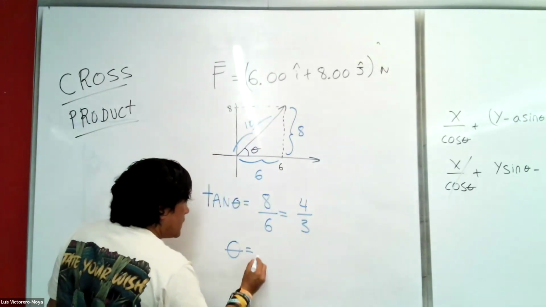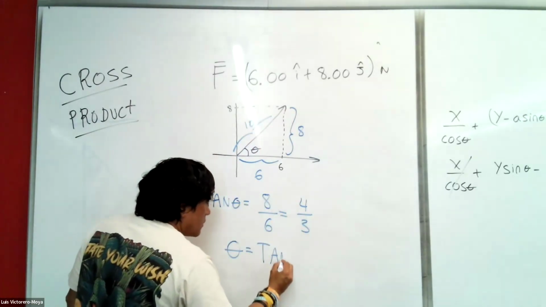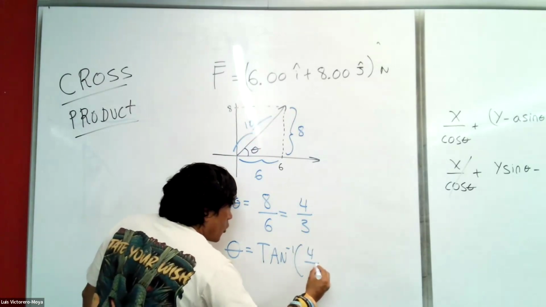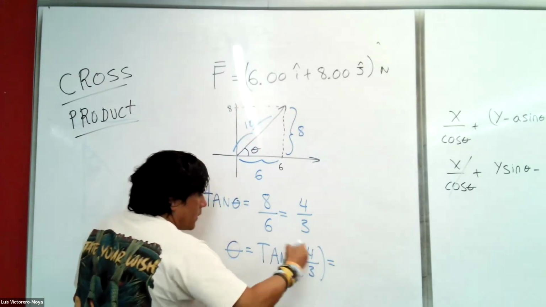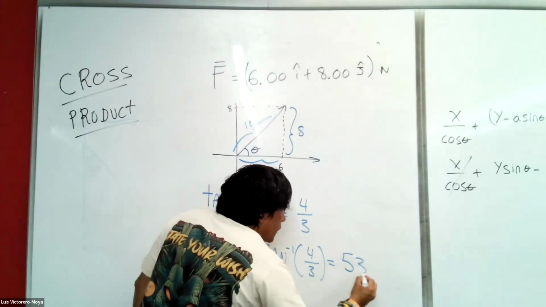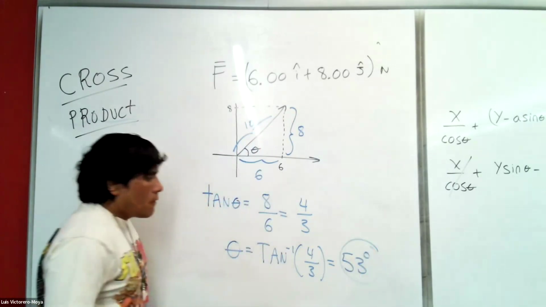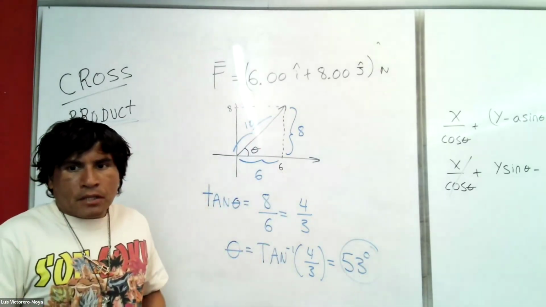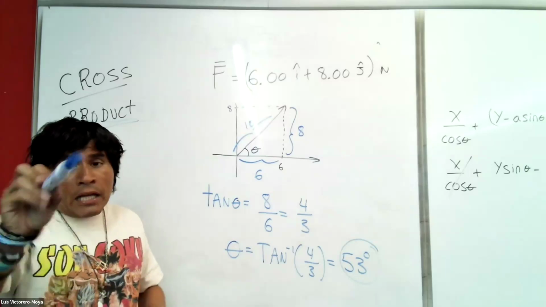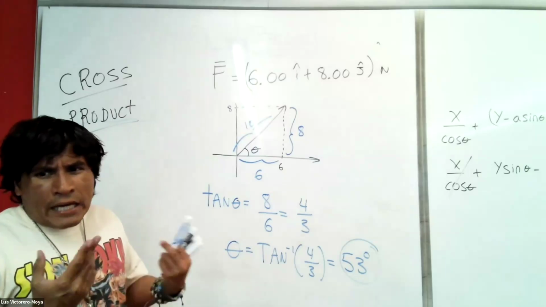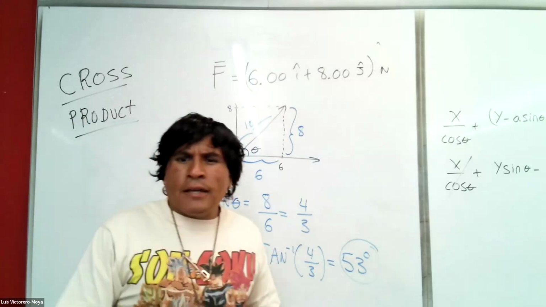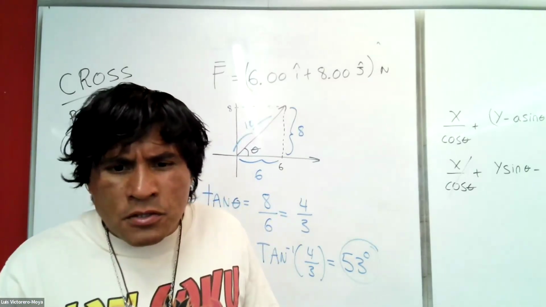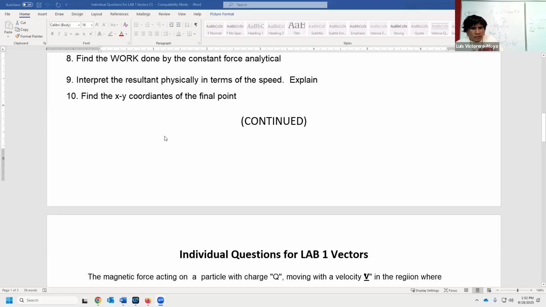So the angle is the inverse tangent of 4 over 3, the direction of that vector. That will be about 53 degrees. All right, so that, and then the work is just a dot product. The angle, I just showed you in the example of dot product how to find the angle. So that might be the only question I'm gonna give you there. This seems to be redundant.